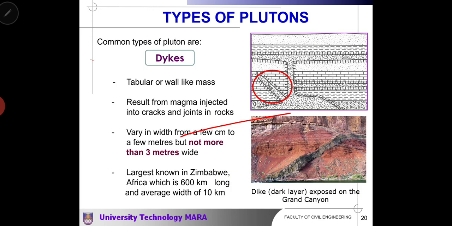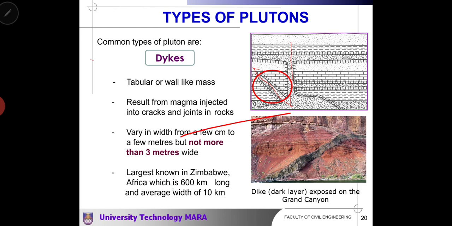So next are the details about the Plutons. A dike is a tabular or wall-like mass. The magma is ejected into this column and this column, resulting in dike formation. The highlight is that the width of dikes is not more than 3 meters wide.